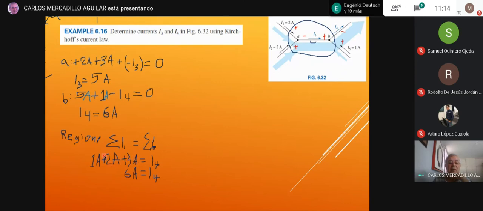That's the incoming, and that will be equal to the outgoing, which is only I4. This must be equal to I4. We do the addition. 2 and 1, 3, and 3 makes 6. 6 amperes equals I4. That is our result. Okay.